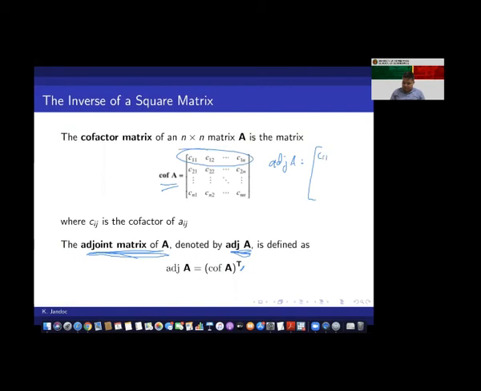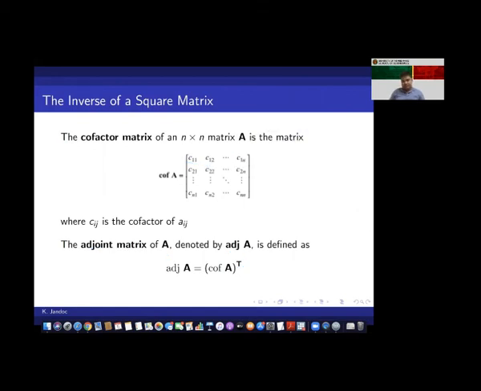So C11, C12 to C1n, then C21, C22, to C2n, and here we have Cn1, all the way to Cnn. So just take the rows of the cofactor matrix and make them the columns, and then you have the adjoint of A, which is simply the transpose of the cofactor matrix.